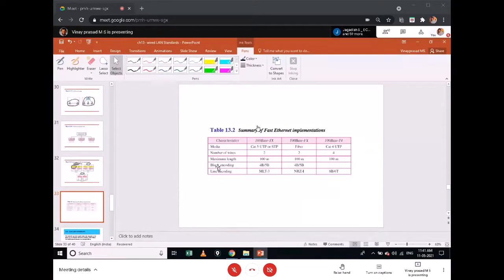The block encoding technique used is 4 bits to 5 bits and 4 bits to 5 bits, and here no block encoding. And the line encoding technique we used is MLT-3, for fiber it is non-return to zero inverted, and for this one with UTP, 8 bits to 6 ternary encoding we use.